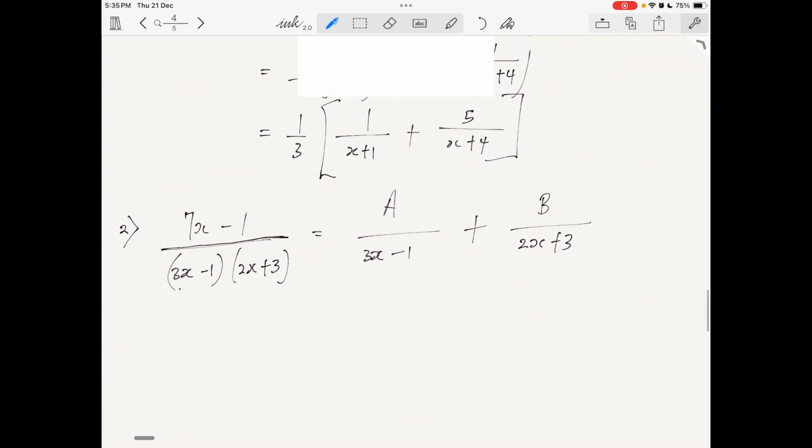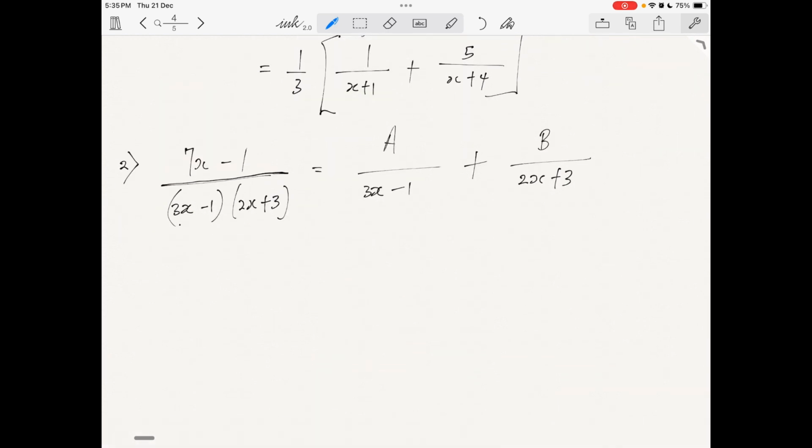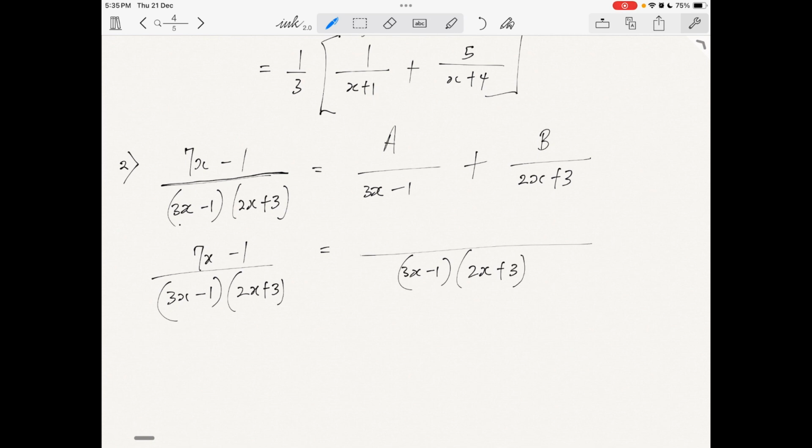As usual we find the LCM. So (7x - 1) divided by (3x - 1)(2x + 3) is equal to A over 3x - 1 plus B over 2x + 3. Solving this with the LCM gives us A(2x + 3) plus B(3x - 1).